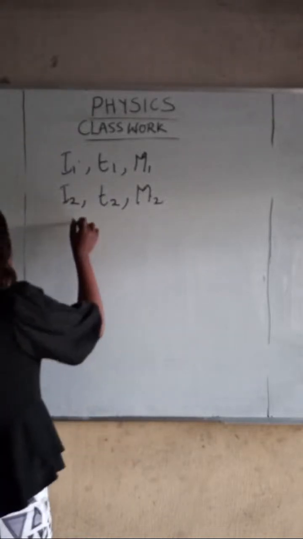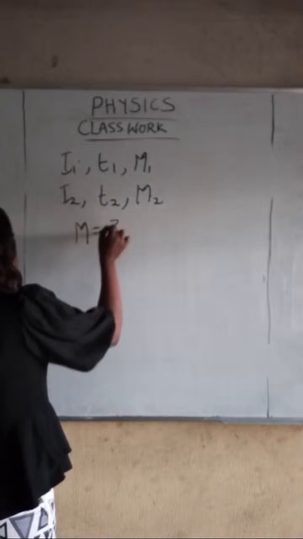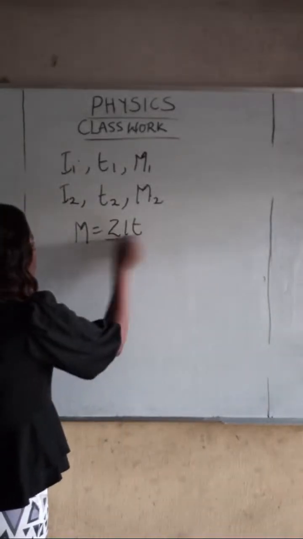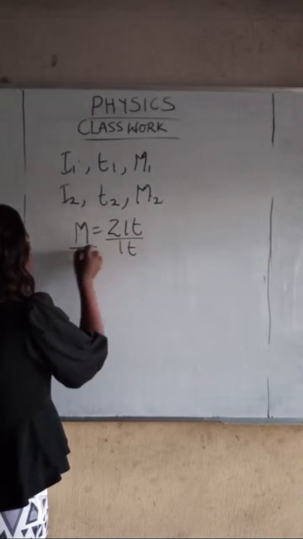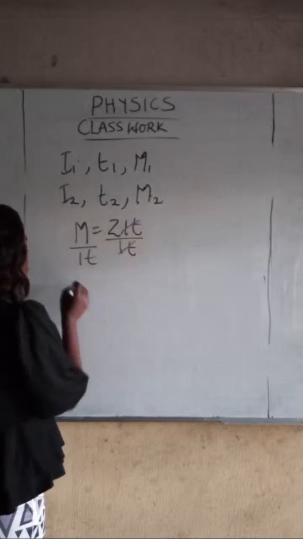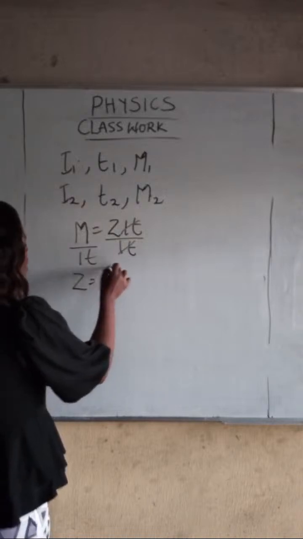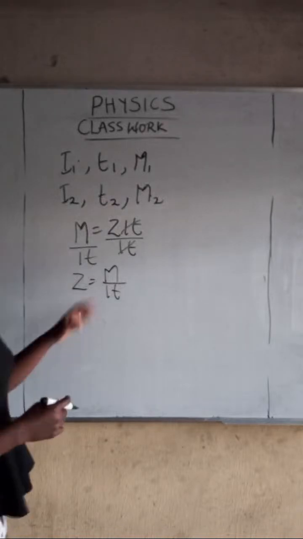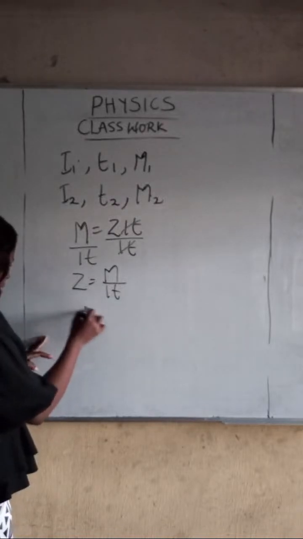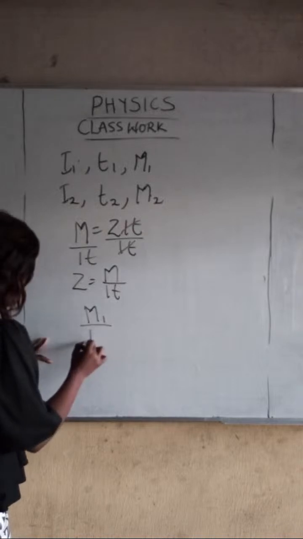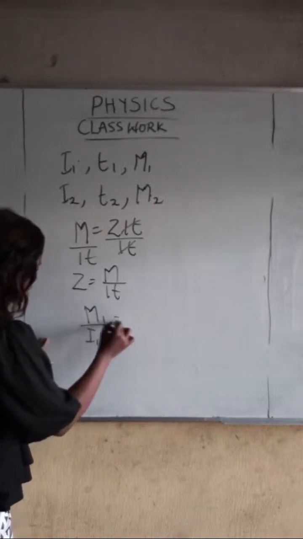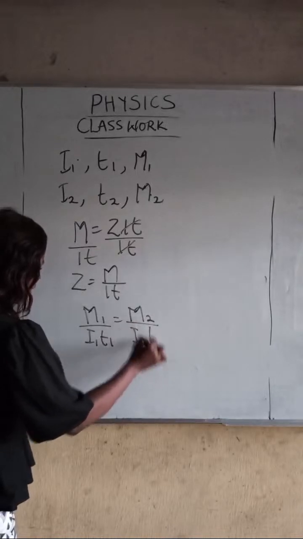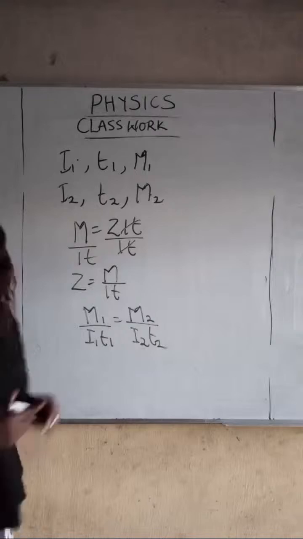If you remember that M is equals to ZIT, when you are comparing, you divide both sides by what? IT. This cancels this. So my Z is equals to M over IT. When you are comparing two things, that means M1 over I1 T1 is equals to M2 over I2 T2. Do you understand?